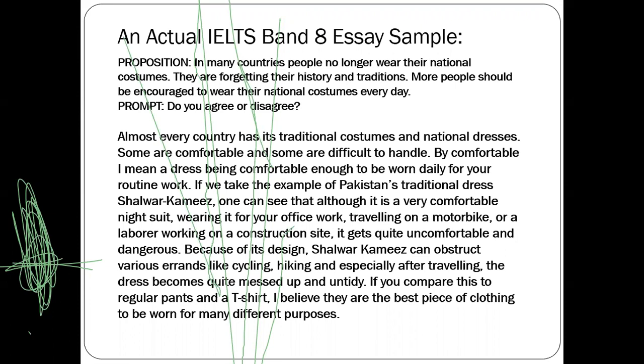So the first SVO is one can see. Do you see that? One can see that although it's a very comfortable night suit, wearing it for your office work, traveling on a motorbike, or laborer working on a construction site gets quite uncomfortable and dangerous. Where is the second SVO? Where's the second one?